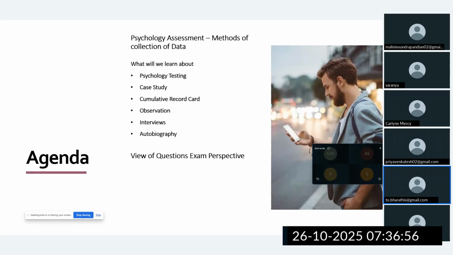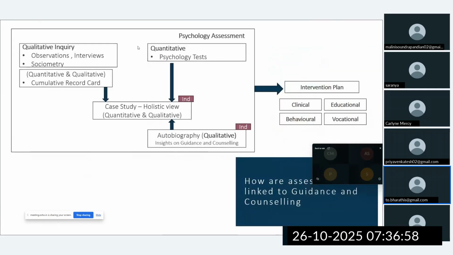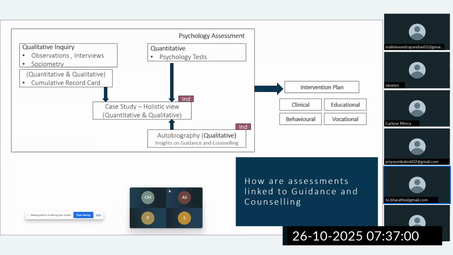So one thing I wanted to give while we start on this entire chapter was how all these topics are interrelated. I had confusion on what is a test and what is an assessment, so I thought I will give a holistic view here, right?